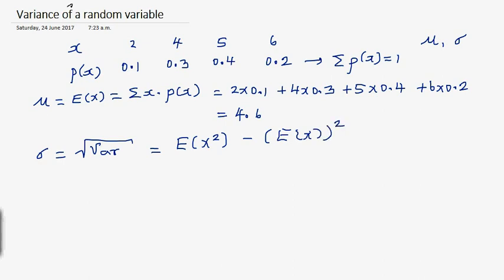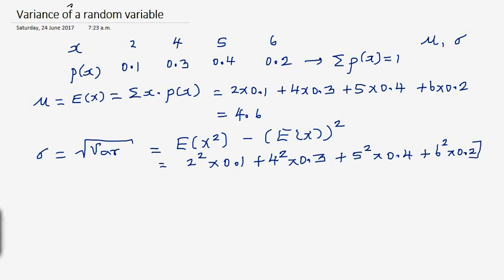For this we have to do the square of x, which is 2 squared times 0.1 plus 4 squared times 0.3 plus 5 squared times 0.4 plus 6 squared times 0.2.